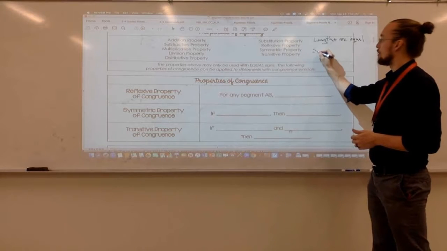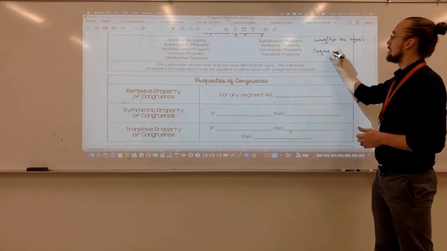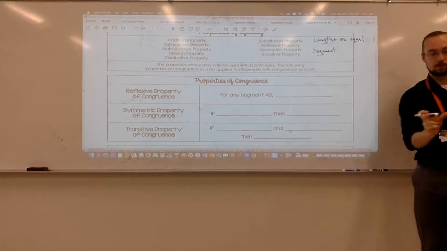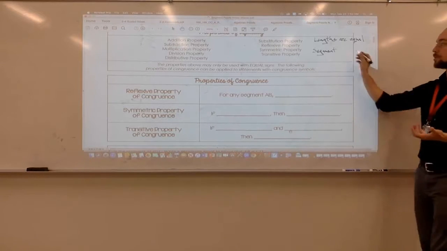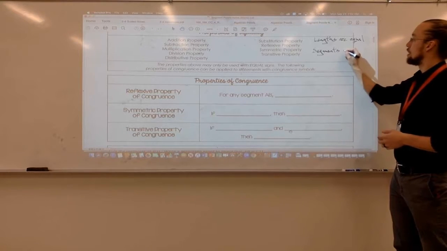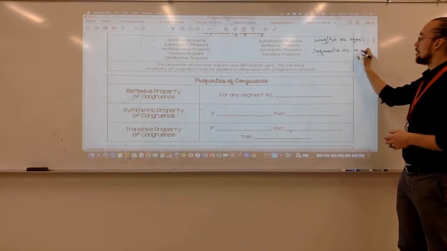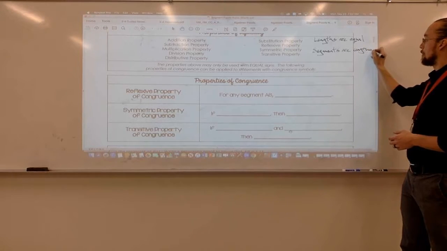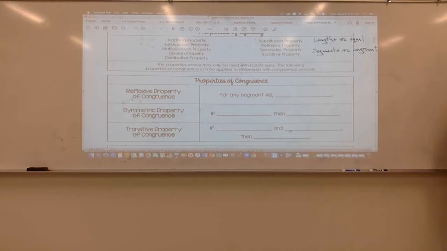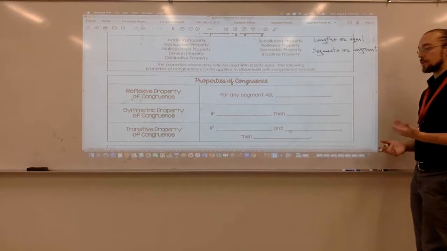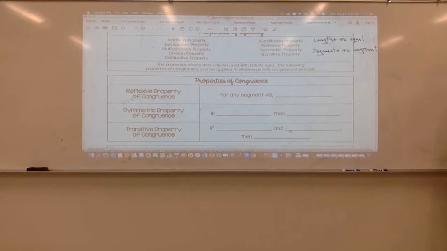But when I talk about the actual segment itself, the geometric figure, we can say that lengths are equal, segments are congruent. So the lengths of segments are equal to each other, but then the actual geometric figure itself, if they're the same size, we would say they're congruent to each other.